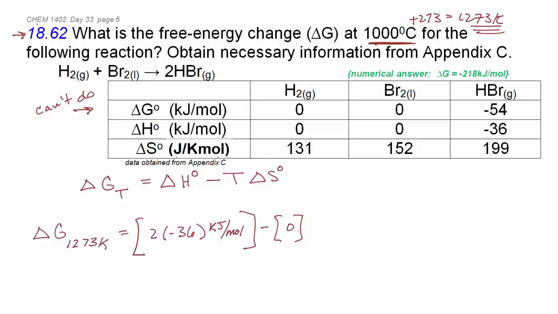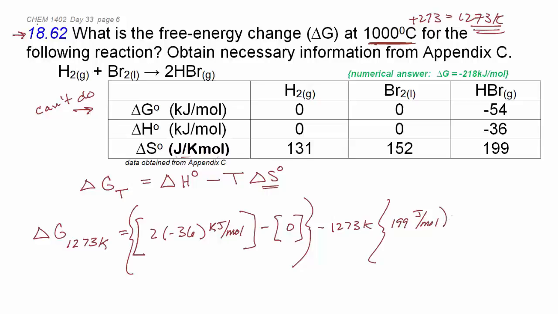So there's my standard change in enthalpy. Temperature, 1273 Kelvin, times my standard change in entropy. Products minus reactants. 199, but watch the units. 199 joules per mole.